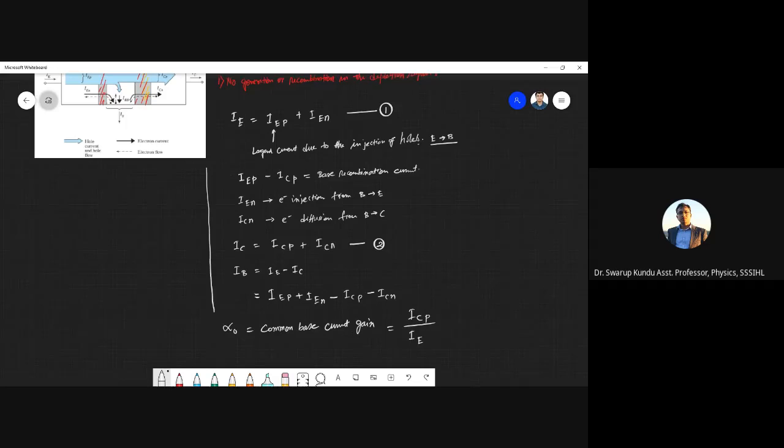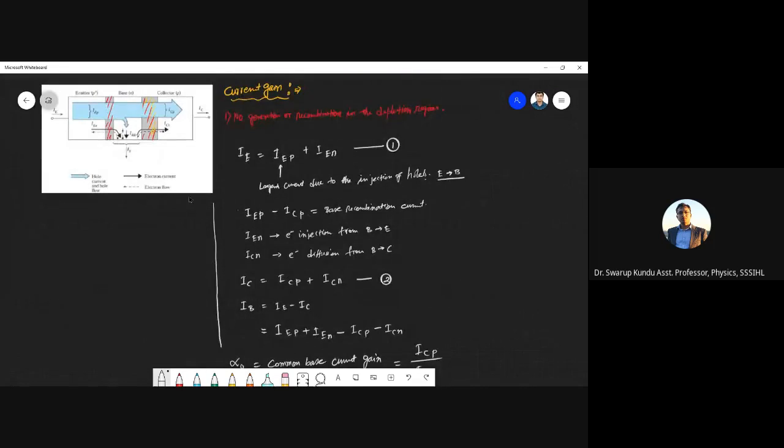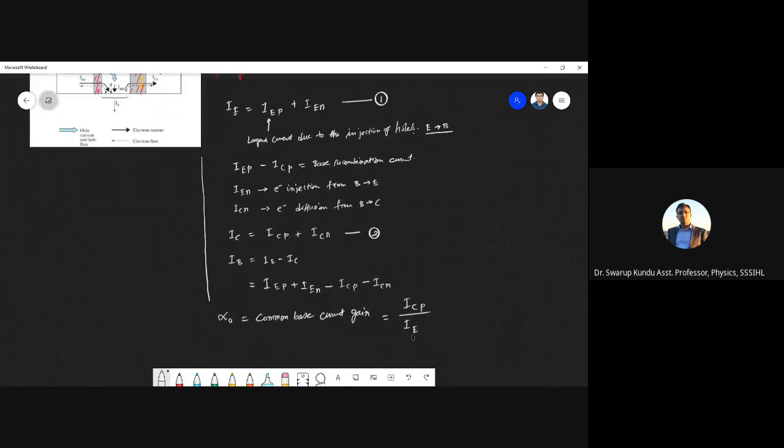So what does it mean? So ICP is the actual current. It is coming from the holes which are diffused from base to the collector, right? This contribution ICP, and the total emitter current is IE. So it has to be less than 1, right? IE is always bigger than all the currents.